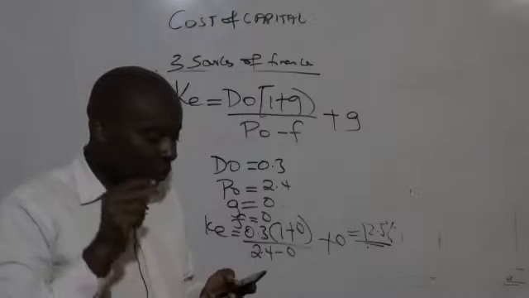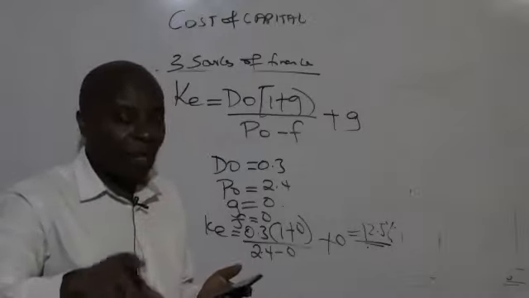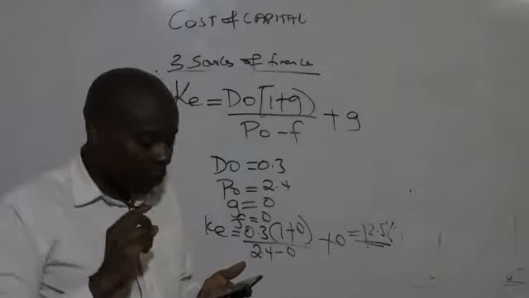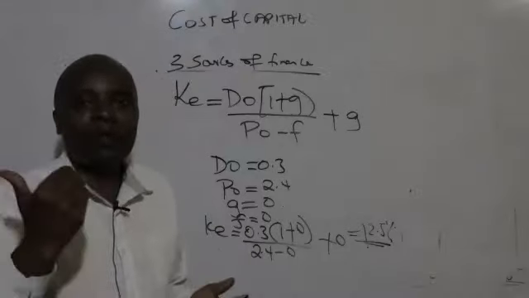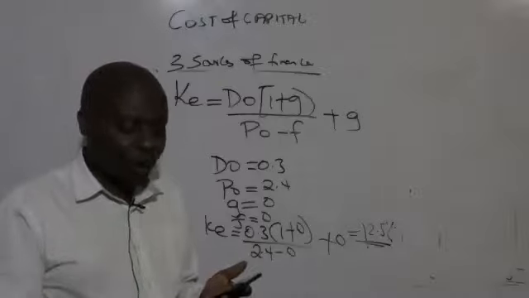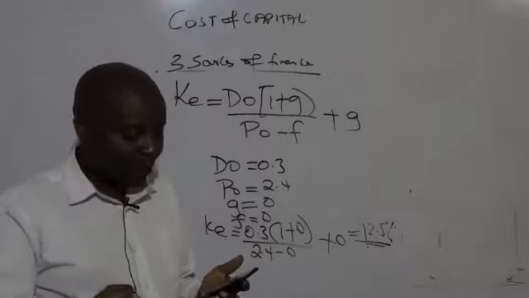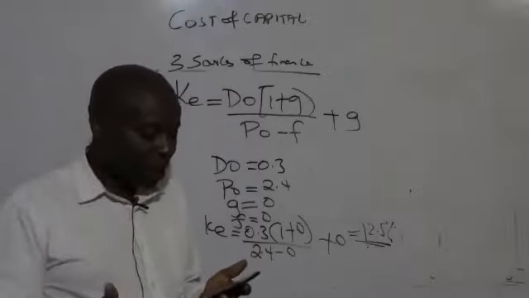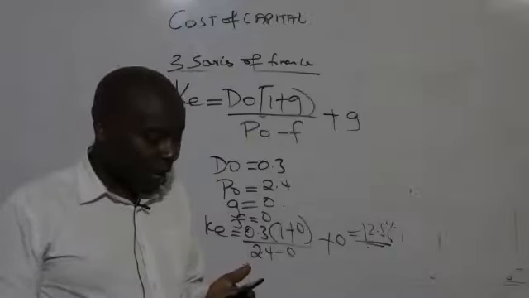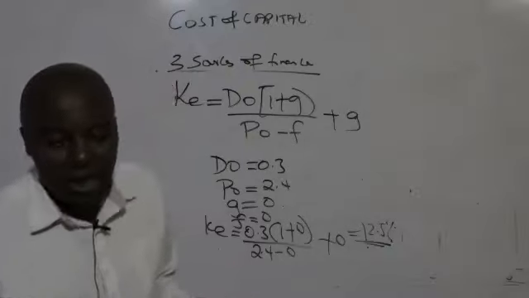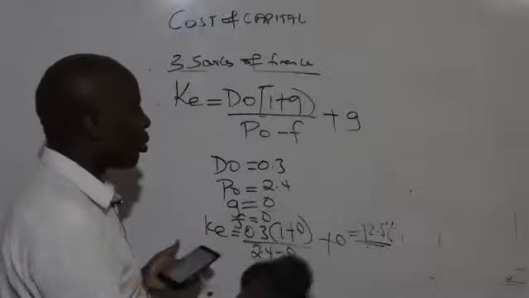A dividend of 0.4 per share has just been paid, so our D0 is 0.4. And this time around, dividends are growing at 6% per annum. Required: what is the cost of equity?